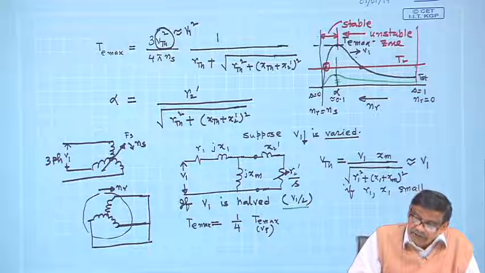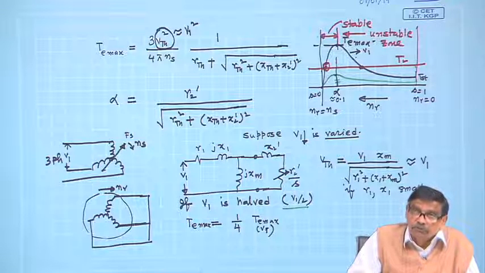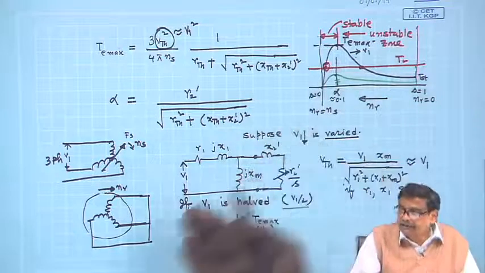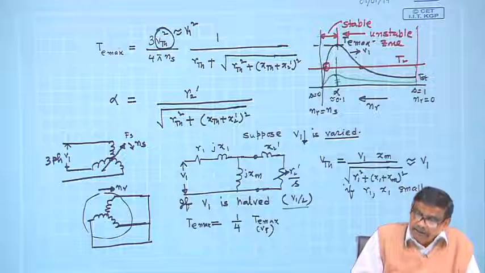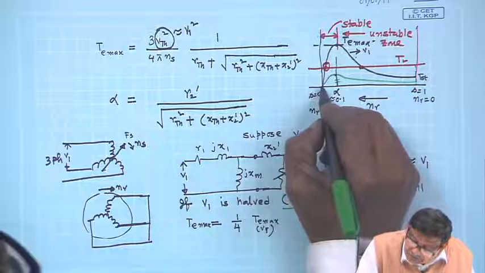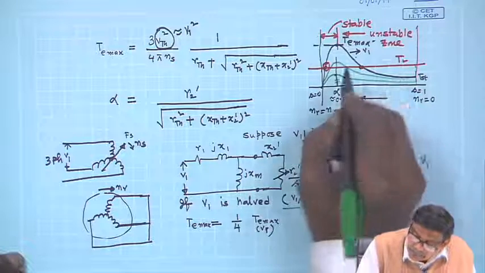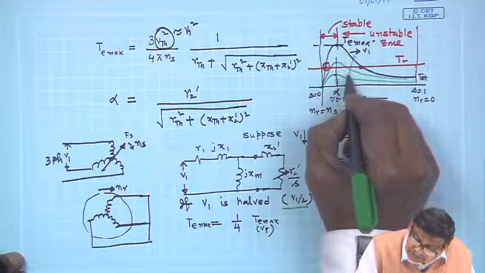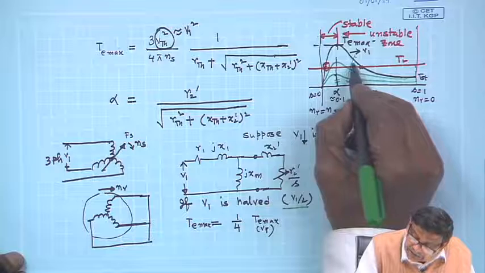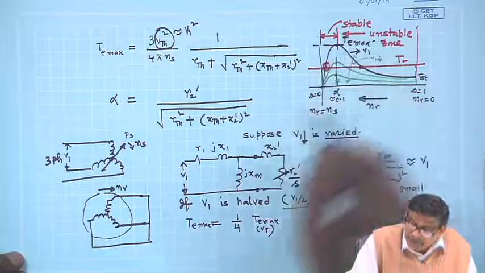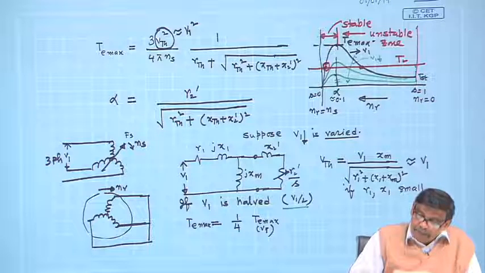If the supply voltage is made half, it becomes 1/4 and so on. This is how the torque slip characteristics get modified for different voltages. If you reduce it like this, with V1 decreasing, a family of curves you can get.